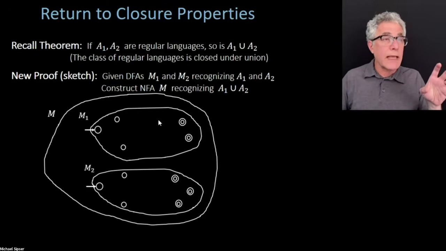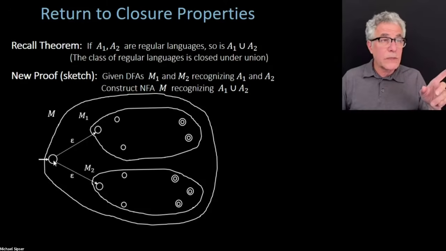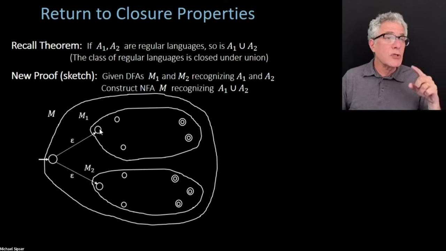M is supposed to accept its input if either M1 or M2 accept. So how is it going to do that? We're going to add a new state to M, which is going to branch under epsilon transitions. And now you can start to see how useful these epsilon transitions are going to be for us. It's going to branch under epsilon transitions to the two original start states of M1 and M2.